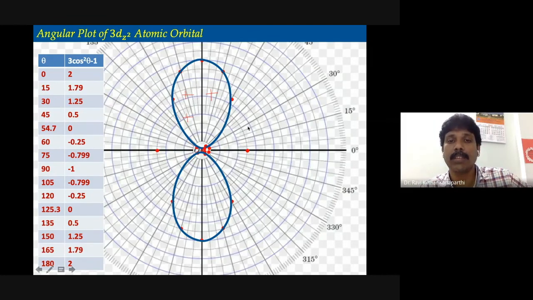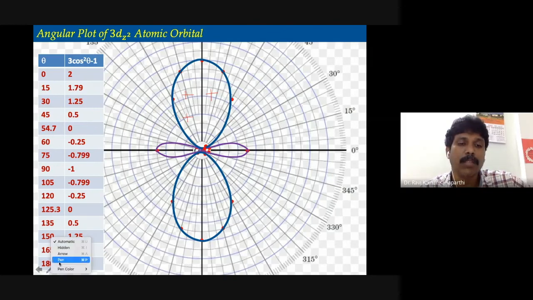Okay, this is 75, this is 60. At 60, these small lobes that you get actually possess the negative sign. Therefore that sign has to be kept. So this is also positive according to our table. This is negative, and this is also a negative sign.